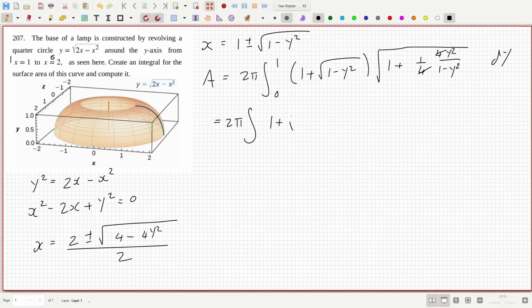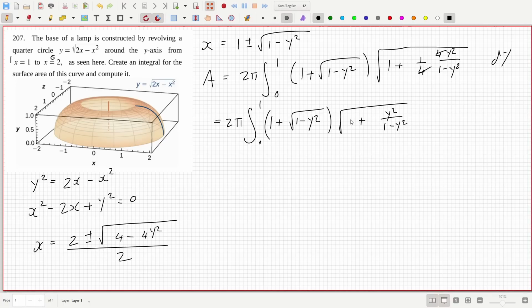1 plus root 1 minus y squared, root 1 plus y squared over 1 minus y squared.